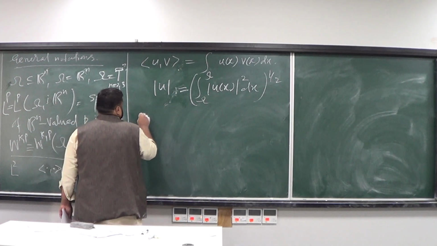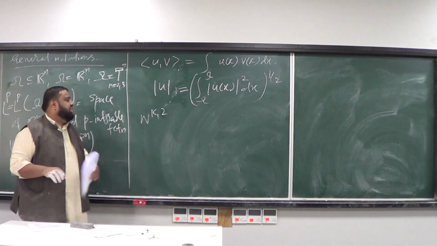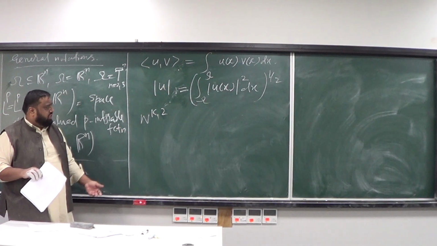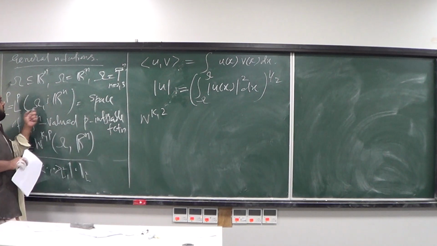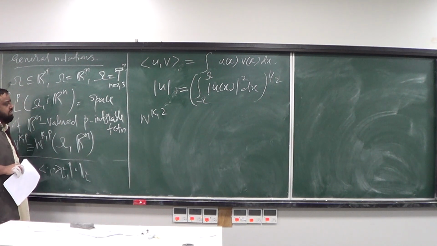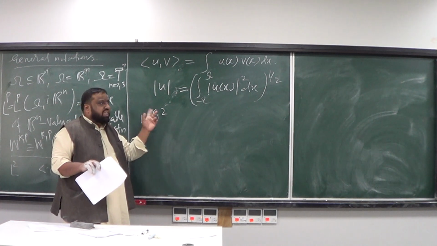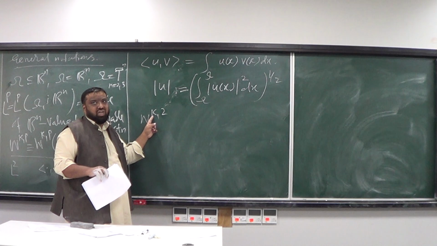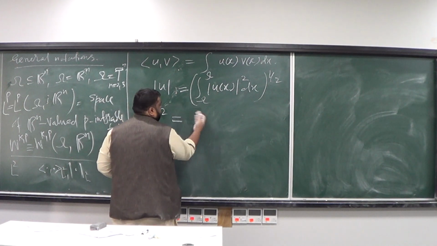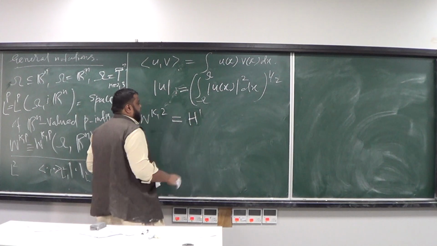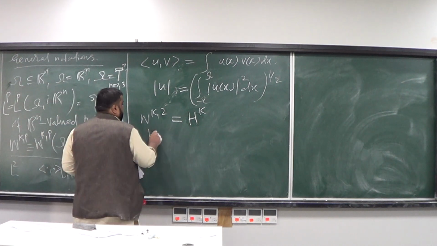If you consider Wk,2, in other words, the space of all Rn valued functions with inputs taken from omega, whose weak derivatives, all kinds of mixed derivatives up to the order k, are square integrable, we denote such a space as Hk. In particular, we will be very much interested in H1.